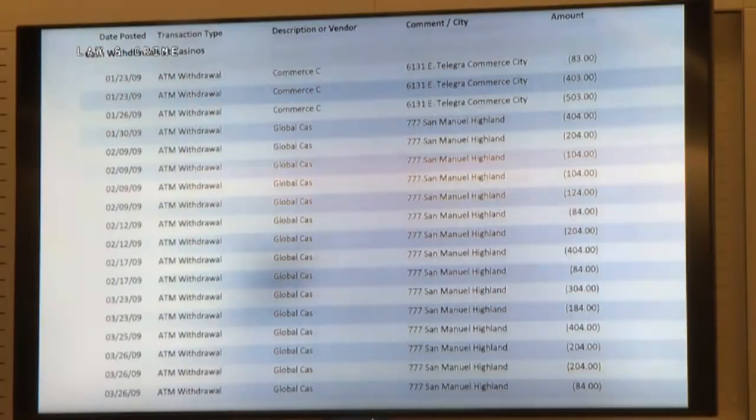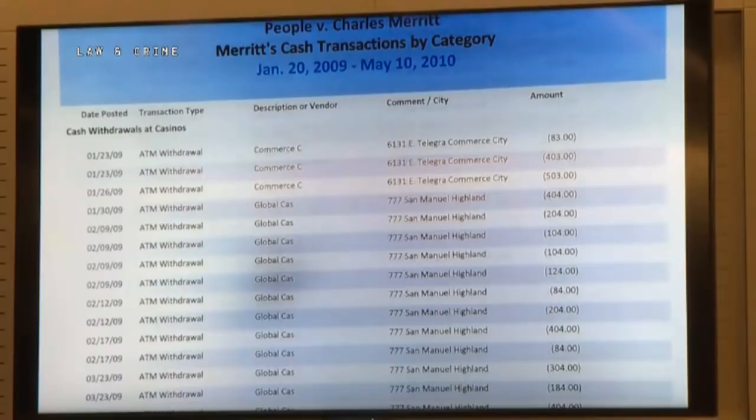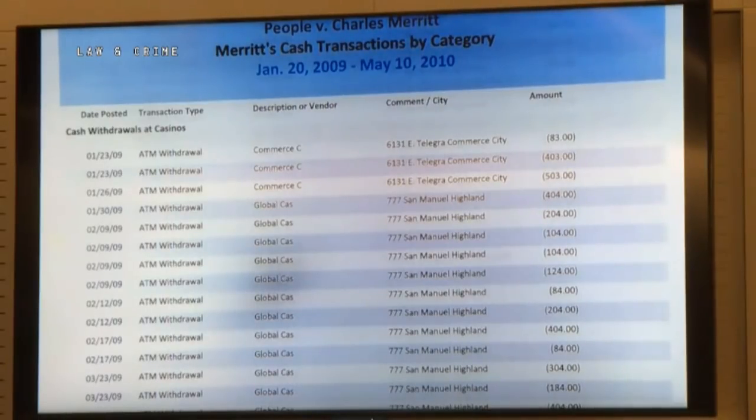Can you bring the title down so I can see which schedule I'm looking at? If they were purchases, then I didn't list them under cash withdrawals. But you can't concretely say that's actually a purchase, right? Right, I don't know, so I gave the benefit to the defendant, basically saying they're not cash withdrawals.